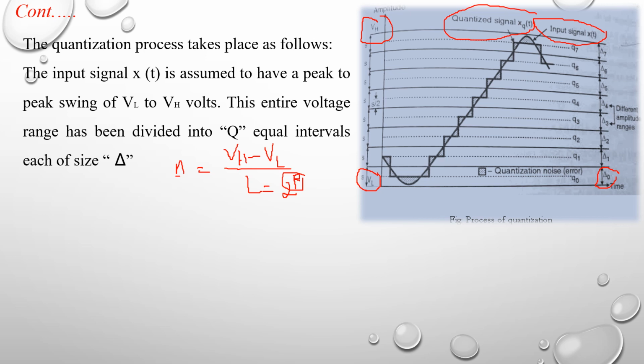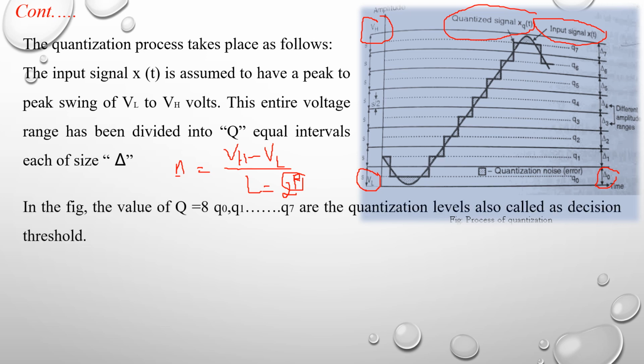So in this particular example, the quantization levels vary from q0 to q7, and the step size varies from delta 0 to delta 7. In this figure, the value of q is equal to 8. So this is the first one and this is the last one, and the number of levels is 8. It varies from q0 to q7, and the quantization levels are also called decision thresholds.